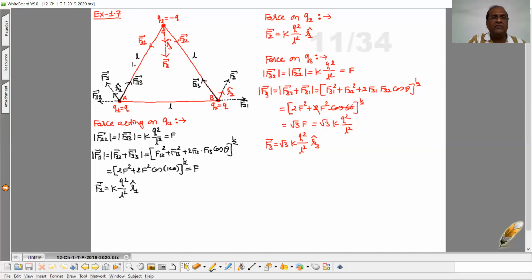Now the force on Q3. Q3 is negative, so these two forces by 1 and by 2 will be attractive. Both will be equal in magnitude.